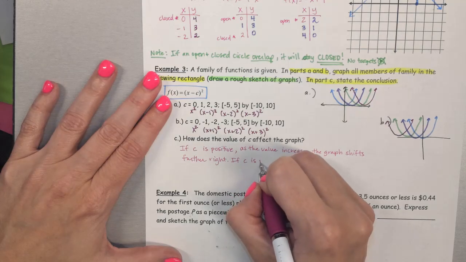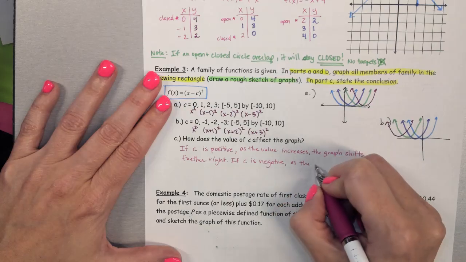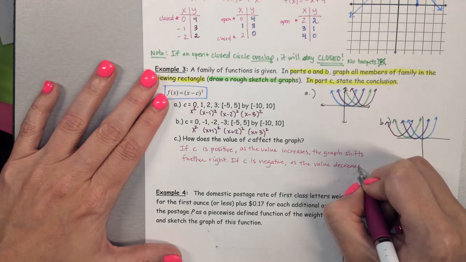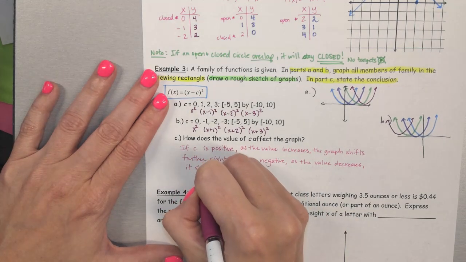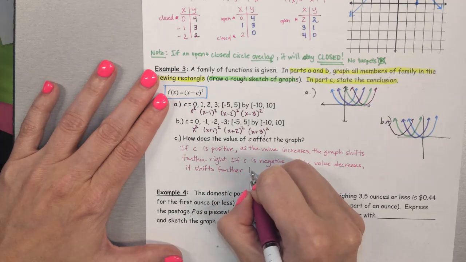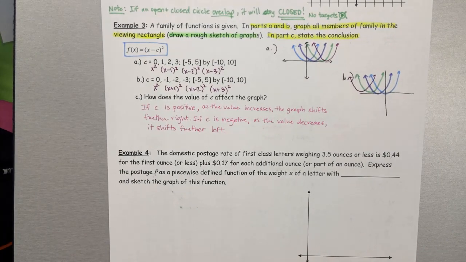If C is negative, as the value decreases, it shifts further left. Okay, so if it's positive, it's going to be shifting further right as it increases, and if it's negative, as the value decreases, it is going to shift further to your left.